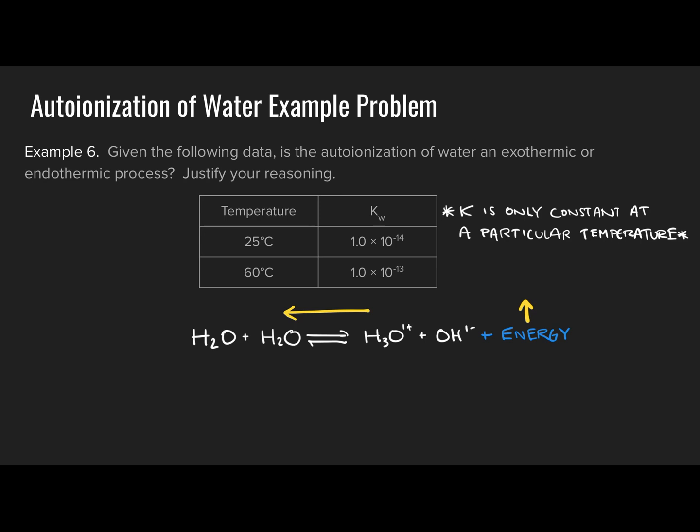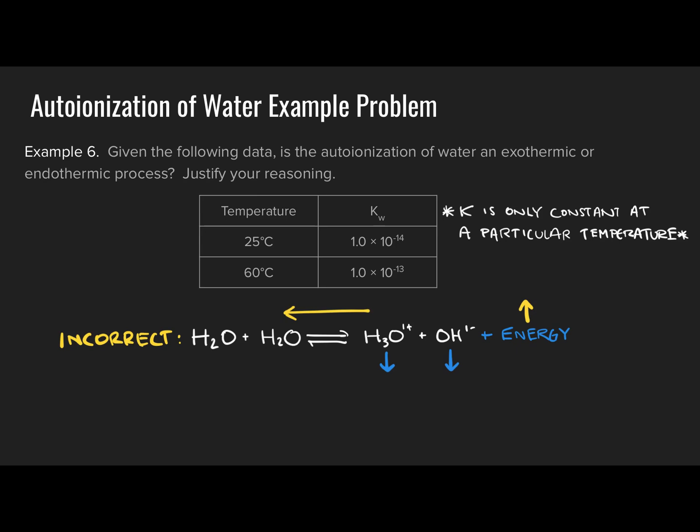So increasing the temperature of a system should cause the reverse reaction of this process to occur faster, and as such, we would see a shift towards the reactants in our system, implying were this process exothermic, the increase in temperature should cause a decrease in concentration of the dissociated ions H3O positive and OH negative. That decrease in concentrations would then yield a smaller value of Kw at higher temperatures. And looking at our data table, that seems not to be the case we're observing. So our first prediction of an exothermic autoionization seems like the incorrect prediction.